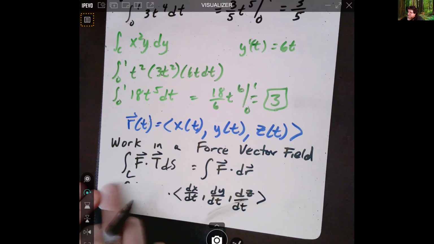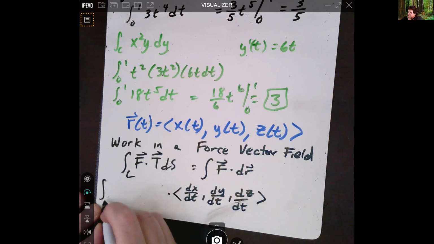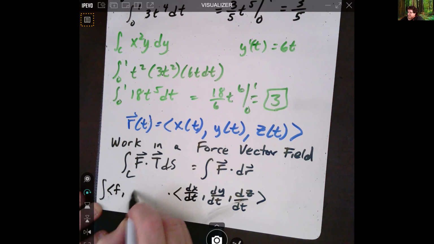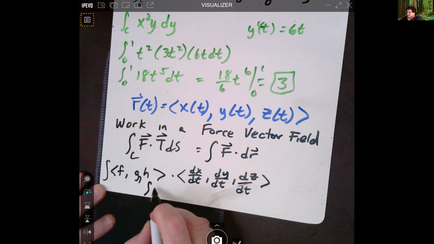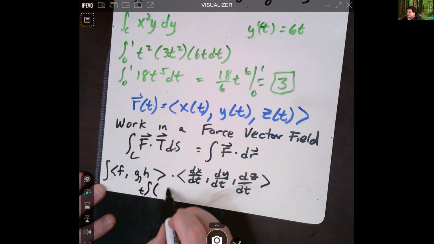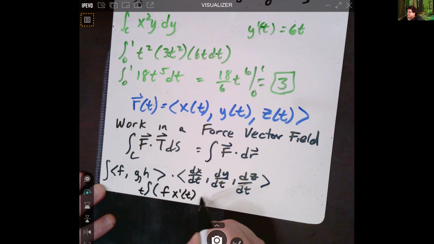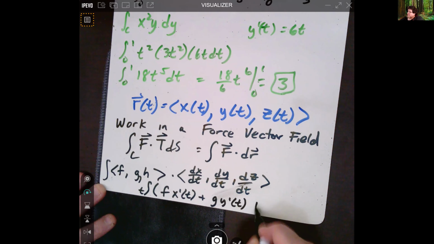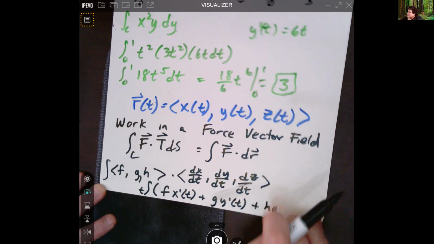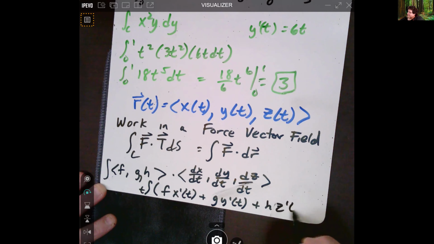And if F has individual components, maybe f, g, and h, then with respect to t, we've got f times x prime of t plus g times y prime of t, plus h times z prime of t, and then we've got all that with the dt.